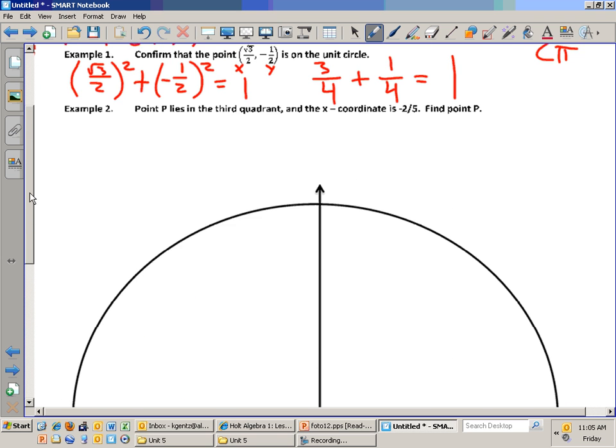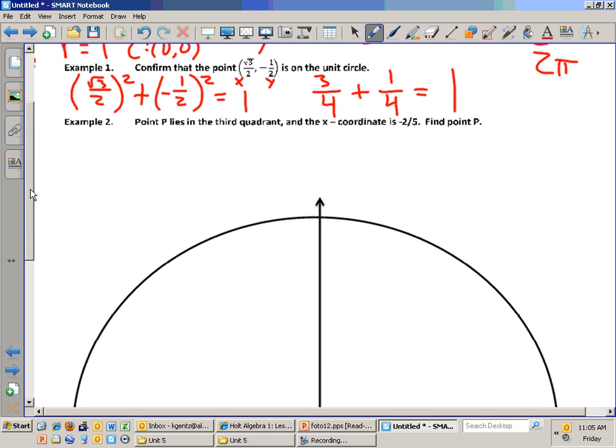So if I want to find the y value, I can use the unit circle formula in order to figure that out. Namely, if I square the x value, negative 2 over 5, quantity squared, plus y squared is equal to 1. What is negative 2 over 5 quantity squared? 4 over 25, plus y squared is equal to 1.